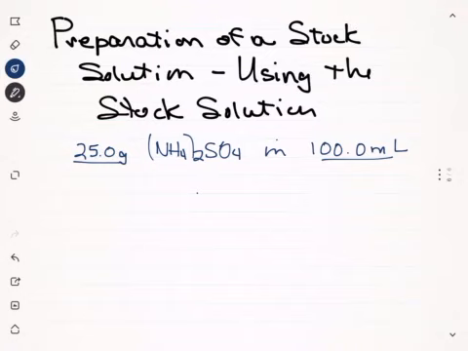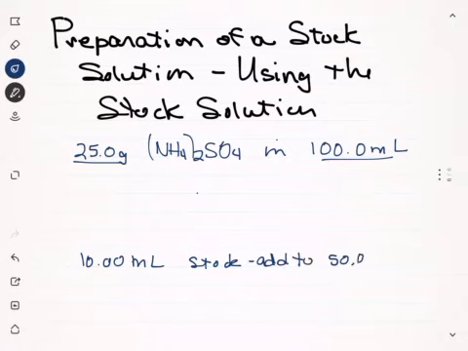After we're done using our stock solution, we're going to take a 10.00 milliliter aliquot, 10.00 milliliters of stock, and add that to 50 milliliters of water.